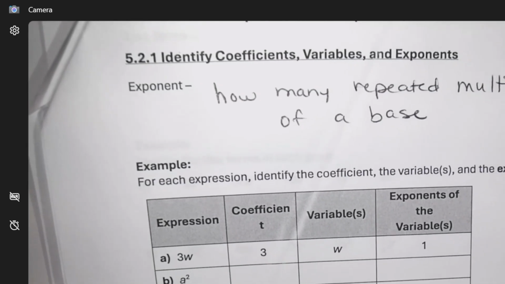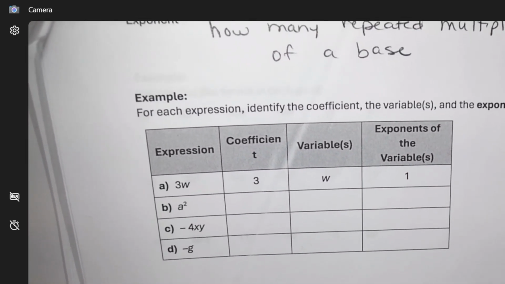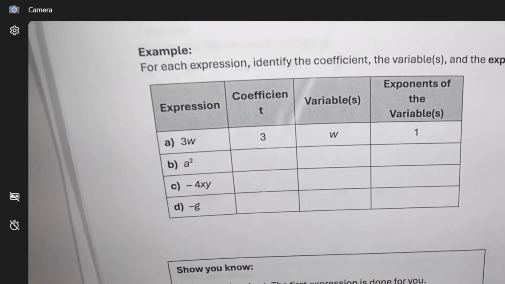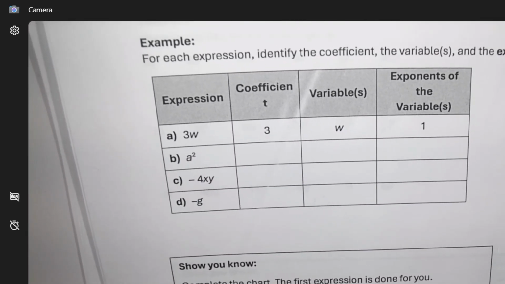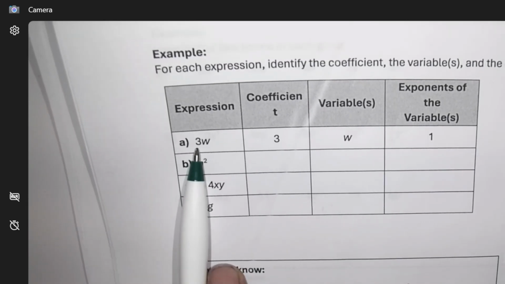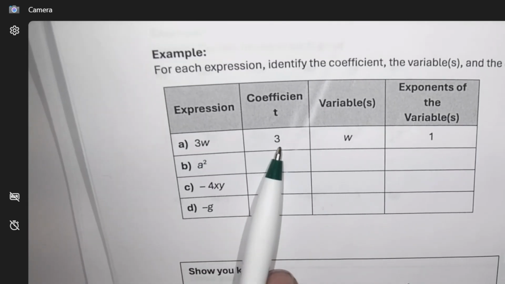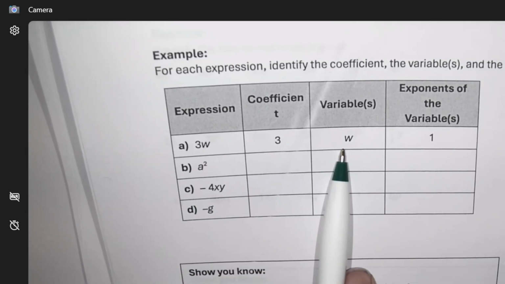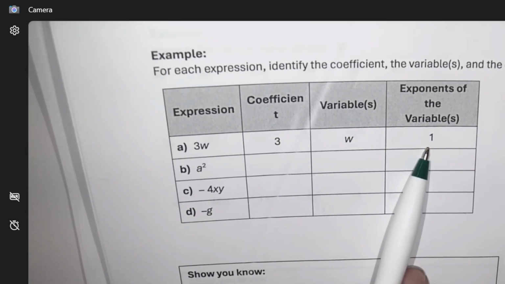Okay, so in some of these examples, we're going to identify a coefficient, the variable, and the exponent of the variable. Okay, so the first one is the expression 3w. The coefficient was the 3. The variable was the w. And the exponent is 1. Why is it 1?